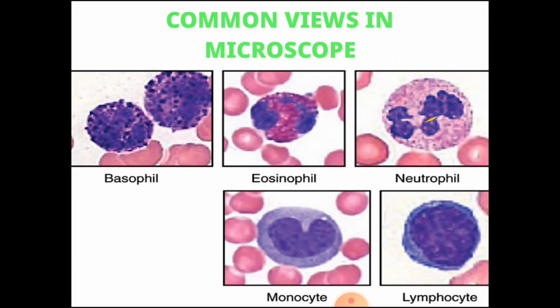Here it is a multilobed neutrophil, a monocyte with a kidney shaped nucleus, and this one is a lymphocyte with a large round nucleus with a thin rim of cytoplasm. This is the view of the oil immersion lens.